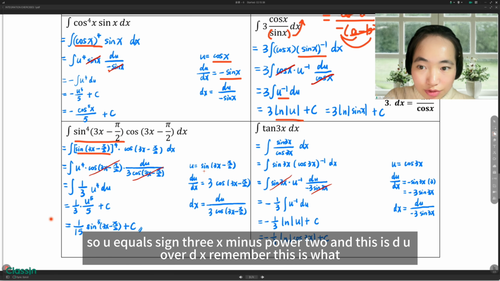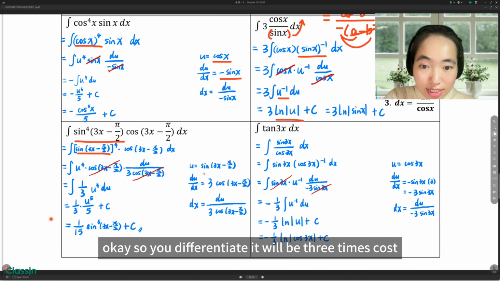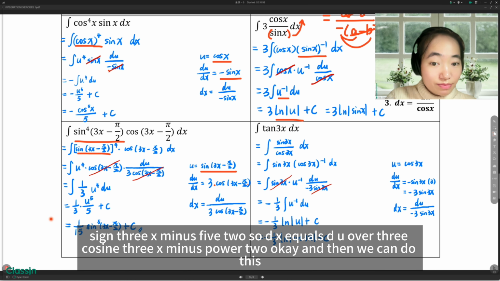So u equals sine of 3x minus pi over 2, and this is du over dx. Remember, this is the chain rule we learned in differentiation. So we differentiate it, it will be 3 times cosine of 3x minus pi over 2. So dx equals du over 3 cosine of 3x minus pi over 2.